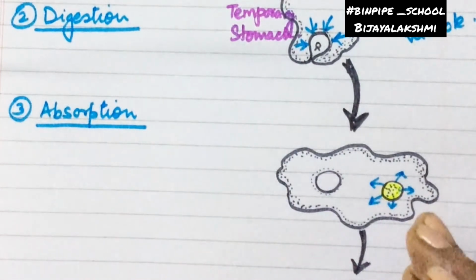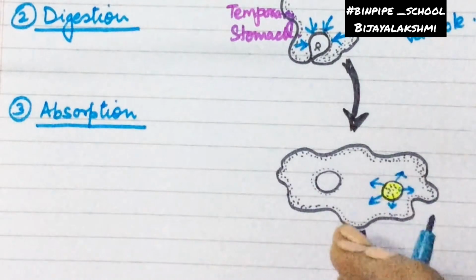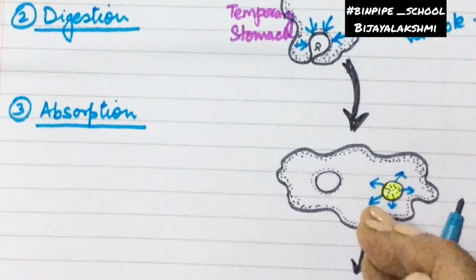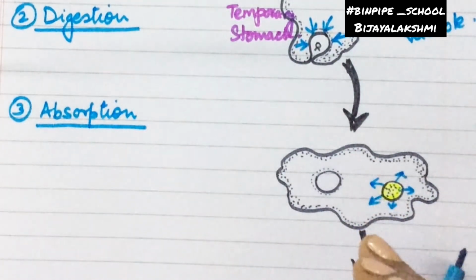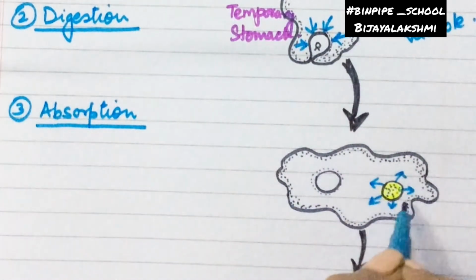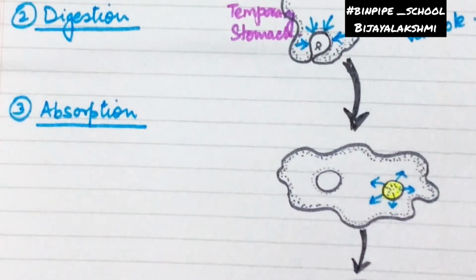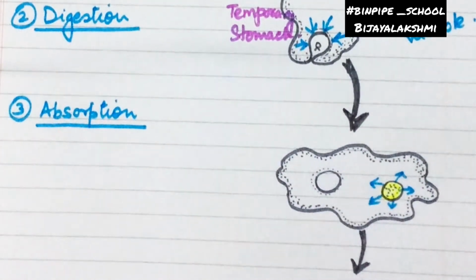As the cytoplasm is taking in the food, it is getting diffused and the digested food spreads into the entire amoebic cell, and gradually the food vacuole disappears.